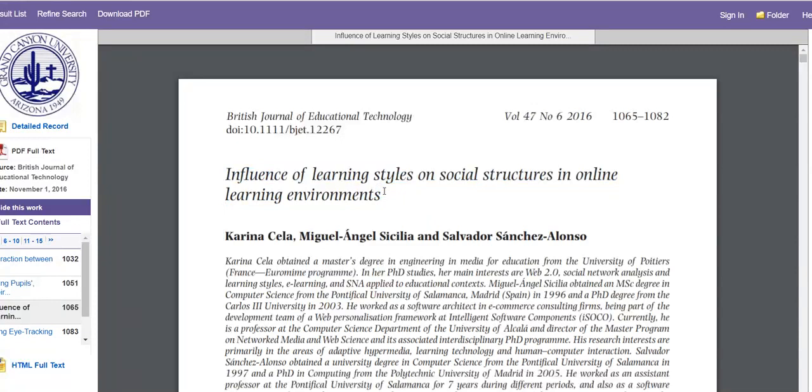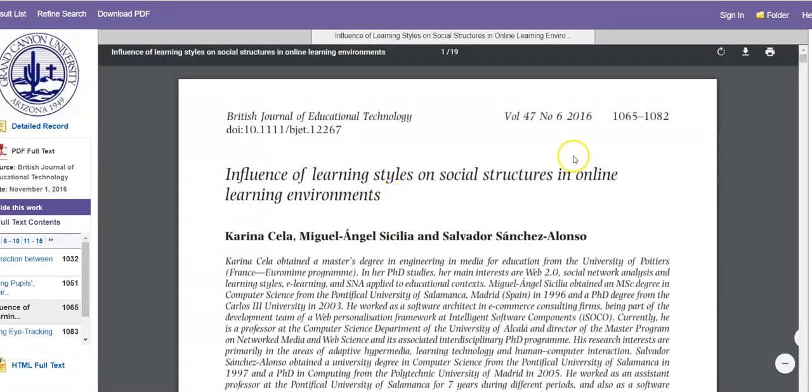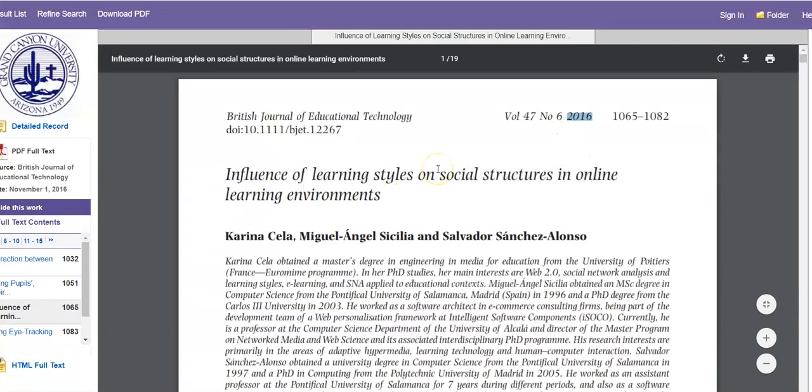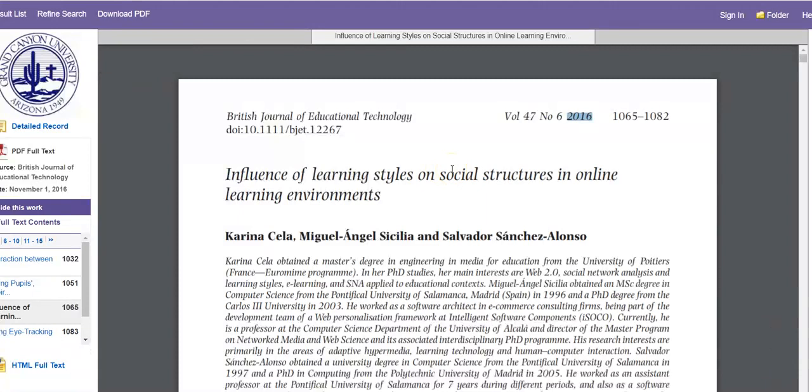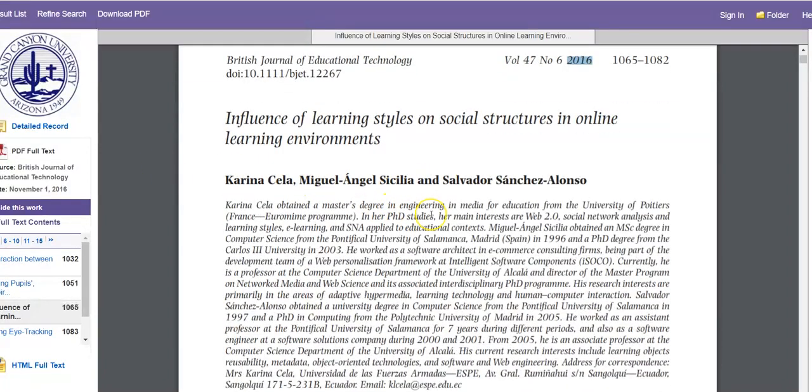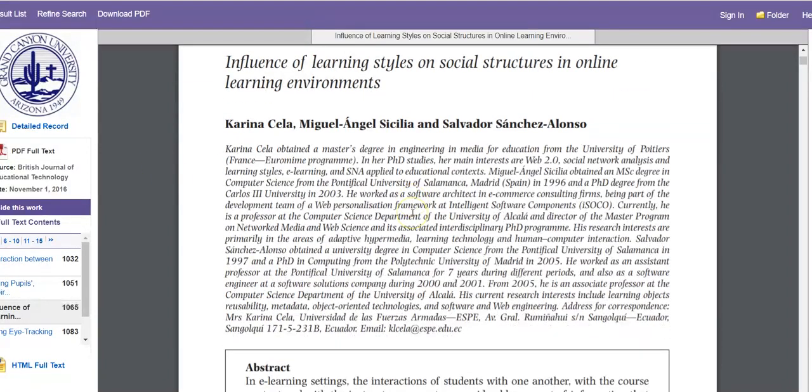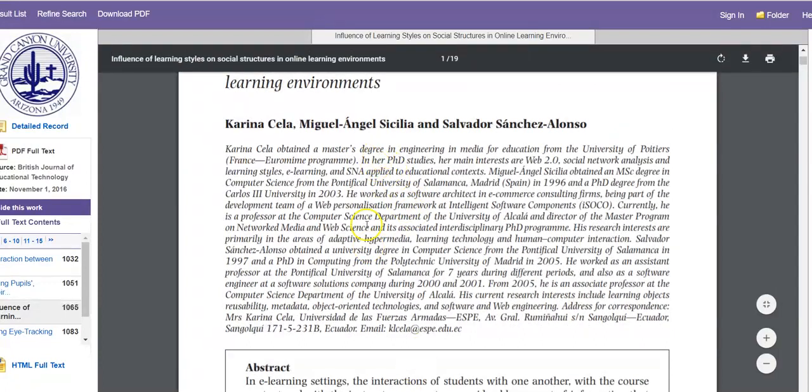So what you want to do is use this article to find out what new information they found in the year 2016, okay? You're not worried about what they cited in here back in the day, like maybe 2005 or 2002 or anything like that. We want to find out what these researchers discovered in 2016, okay?